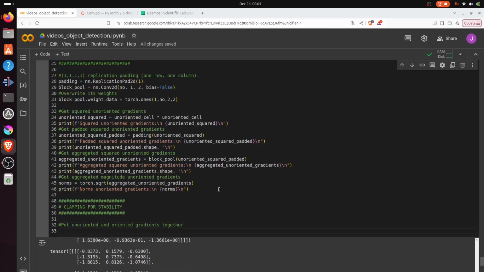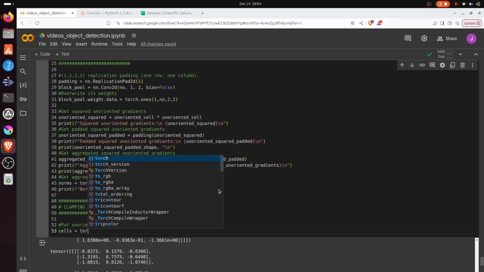We're going to call this collection of both unoriented and oriented gradients cells, and we're going to concatenate both.